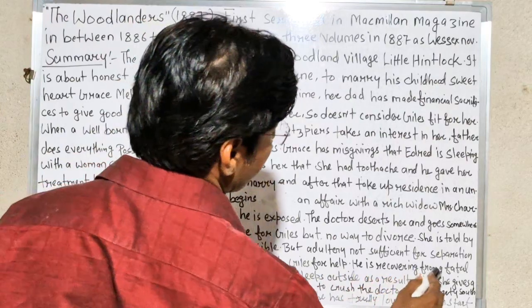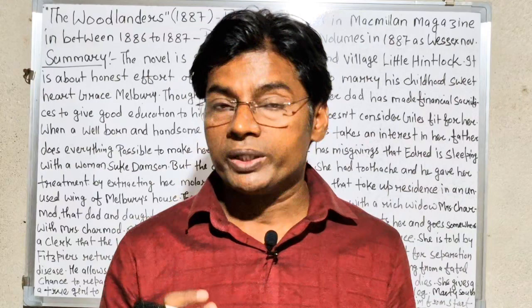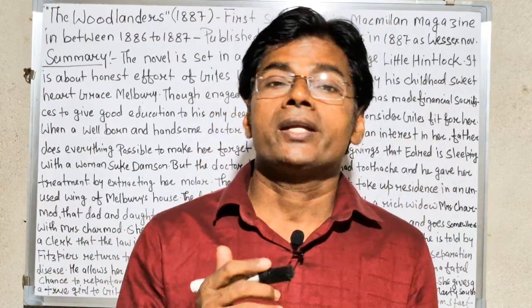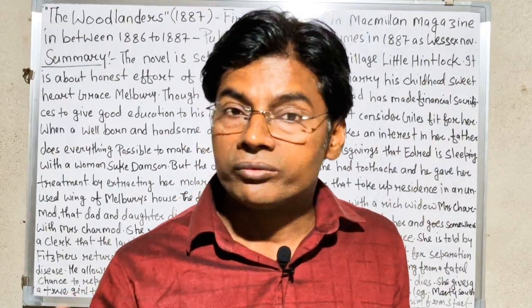He is recovering from a fatal disease. When she goes to Giles Winterbourne, she gets to know that he suffered from some deadly disease, and now he is slowly but surely recovering from that disease. So she starts staying with him temporarily.